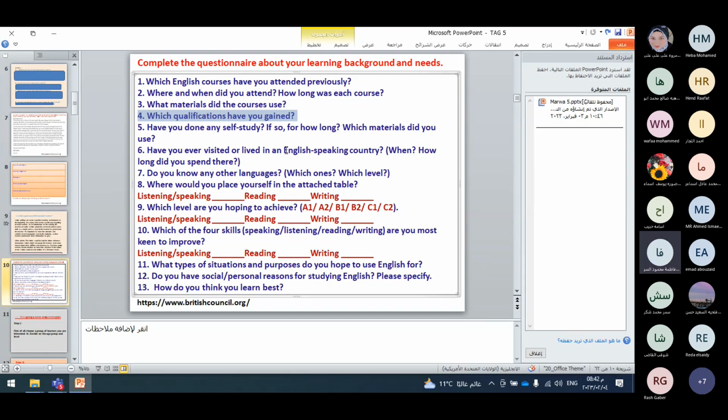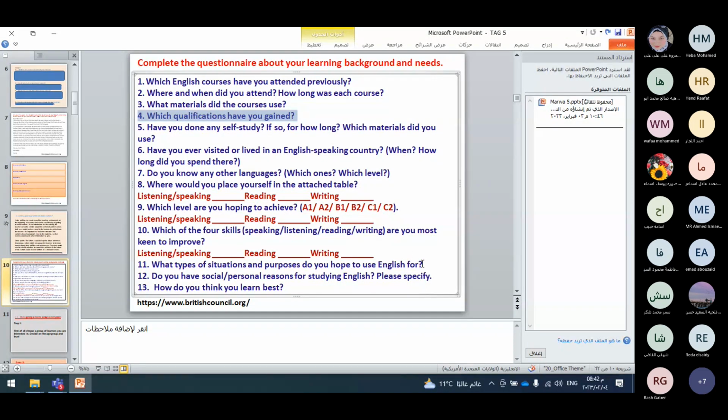I think I have gained many qualifications like feedback and some games, some activities that I can do with my learners and my students. And in 9 Steps also I have learned some methodologies, techniques, and some ways of teaching.